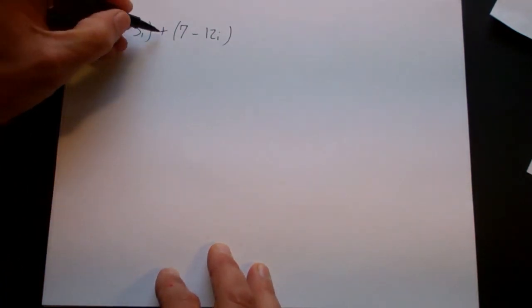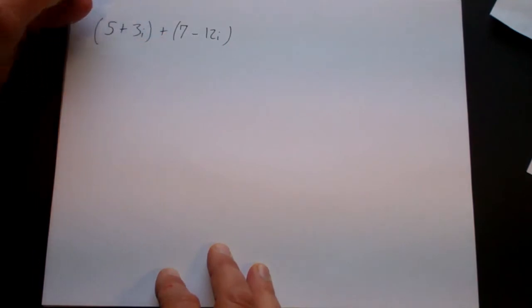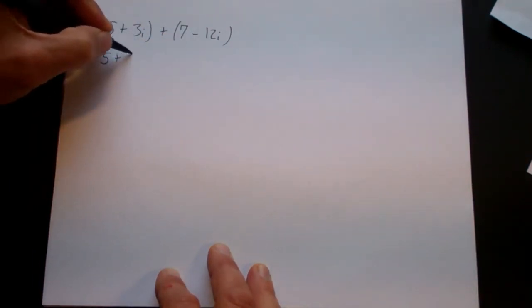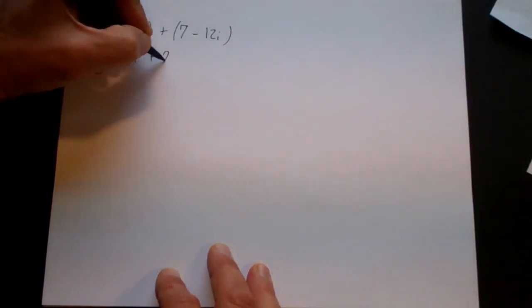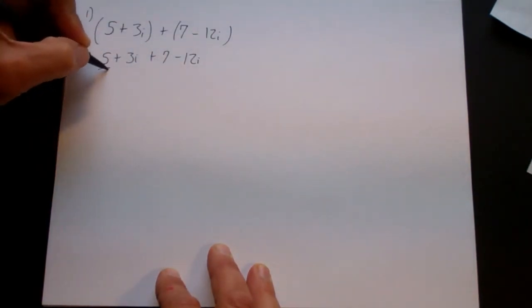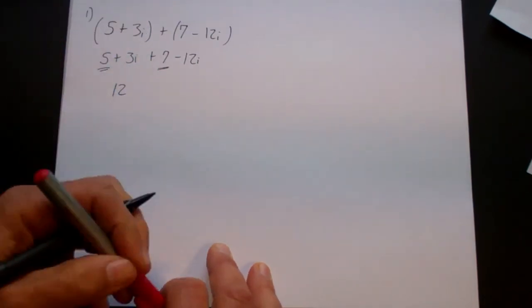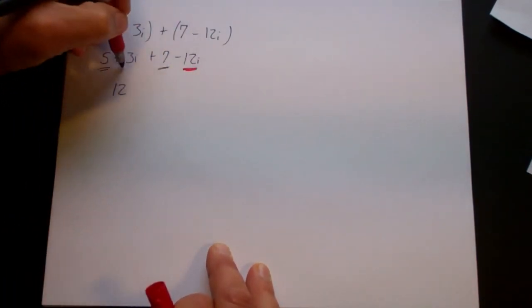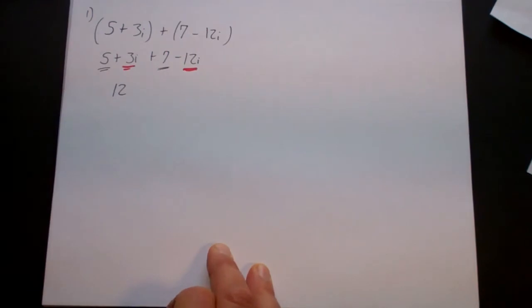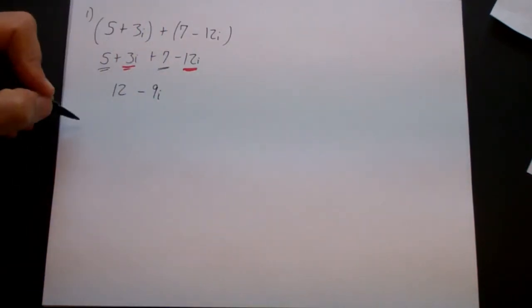So in this one, you have a plus in front of a parentheses, so since there's no number there, you can just drop the parentheses. So you have 5 plus 3i plus 7 minus 12i, and then you simply combine like terms. The 5 and the 7 are alike, so that's 12, and then the 3i and the negative 12i are like terms, so that's going to be a minus 9i. So your first answer is 12 minus 9i.